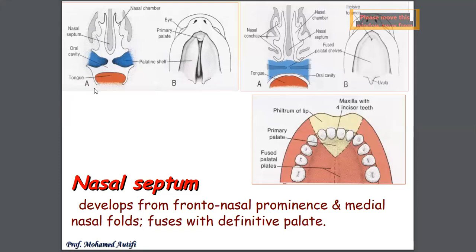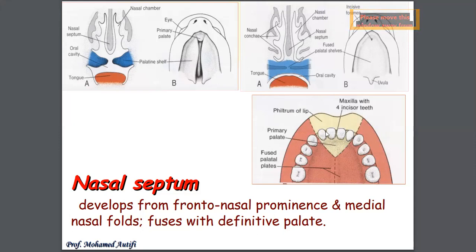a few more pictures will help us understand more. This is our nasal septum. From the maxillary process we have seen the formation of the palatine shelf. The palatine shelves grow towards each other and come in contact with the nasal septum region. This is the primary palate, the premaxilla region, shown in yellow, where we have four incisors.